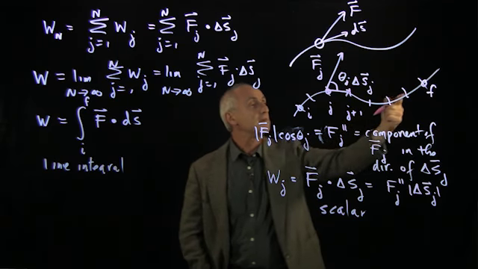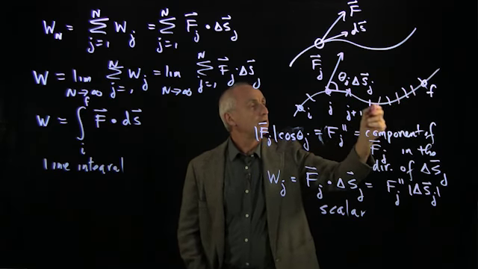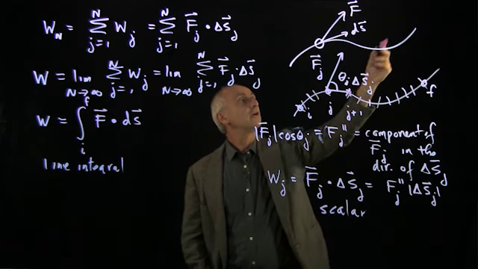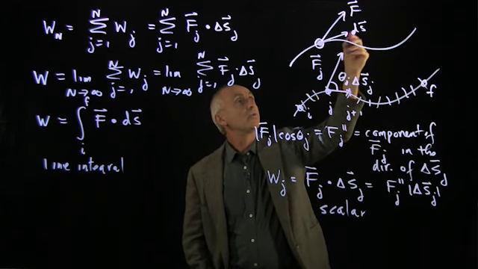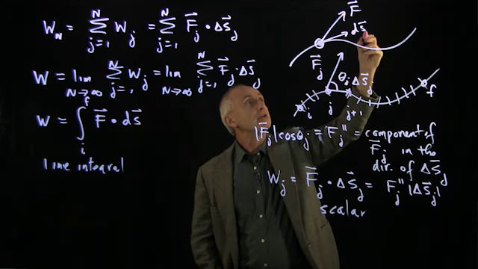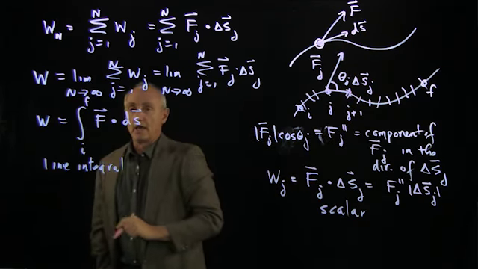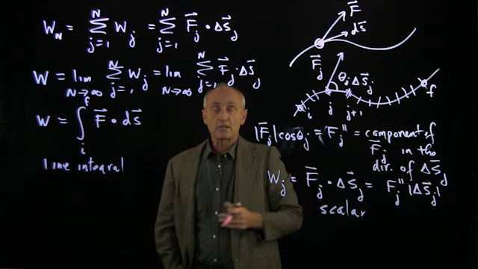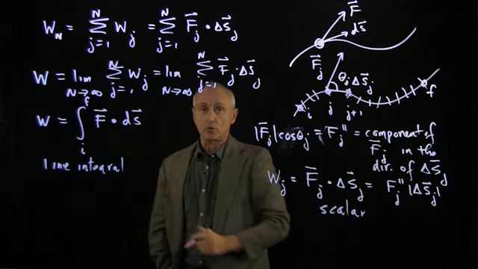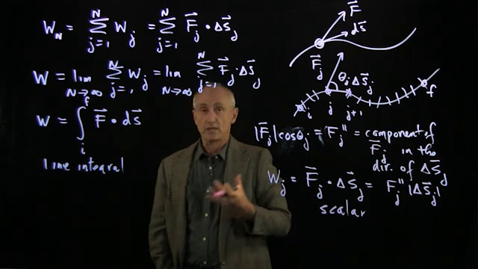Because when we take the limit as n goes to infinity, our grid becomes finer and finer and finer until we're shrinking down to a point where we can just talk about the differential displacement ds and the force acting on a point. And that's what our line integral is. Now, what we'll learn next is how to calculate this line integral for a number of important physical examples that occur in our interest in mechanics.